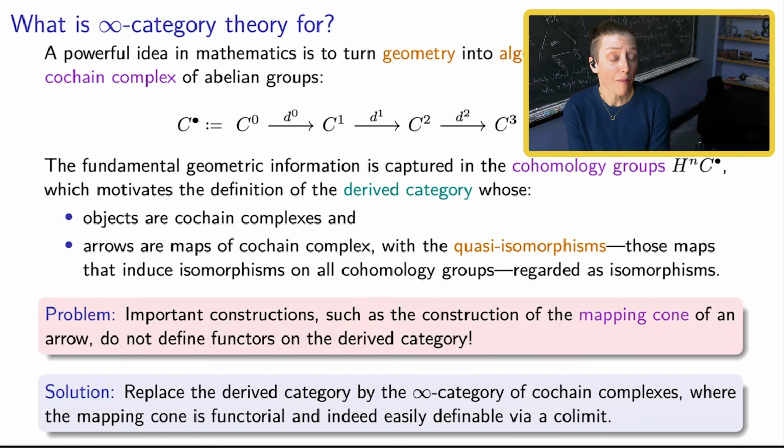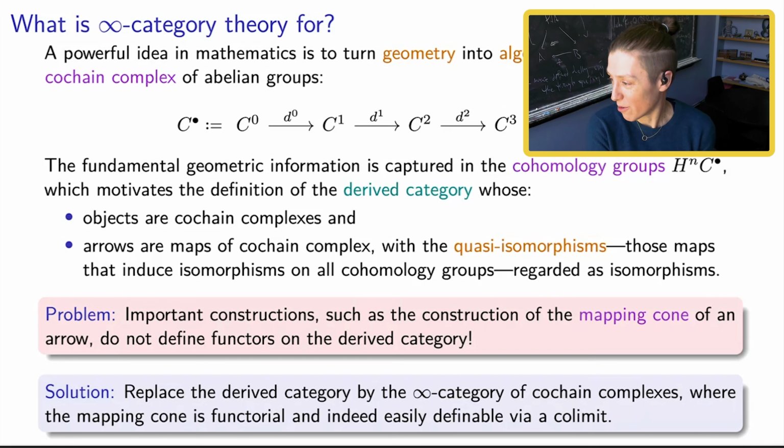A more modern perspective on the derived category is to think about it as a quotient of an infinity category whose objects are the cochain complexes, whose arrows are the maps of cochain complexes, and then just add in this higher structure that allows one to understand a map that's a quasi-isomorphism as being invertible, maybe not in the original strict sense of being an isomorphism in a 1-category, but in a weaker sense that's appropriate to an infinity category.